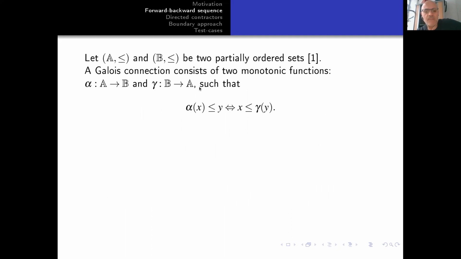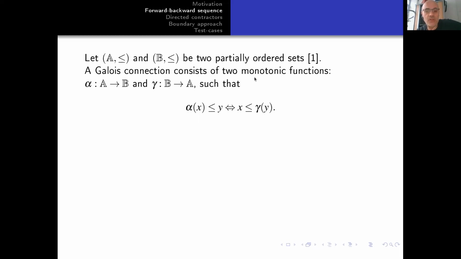So I will just give the idea of what a Galois connection is and explain the link with interval methods. A Galois connection is two monotonic functions, monotonic with respect to some order relation, but for us it will be the inclusion. I will explain later, but first I give the definition of a Galois connection in general.